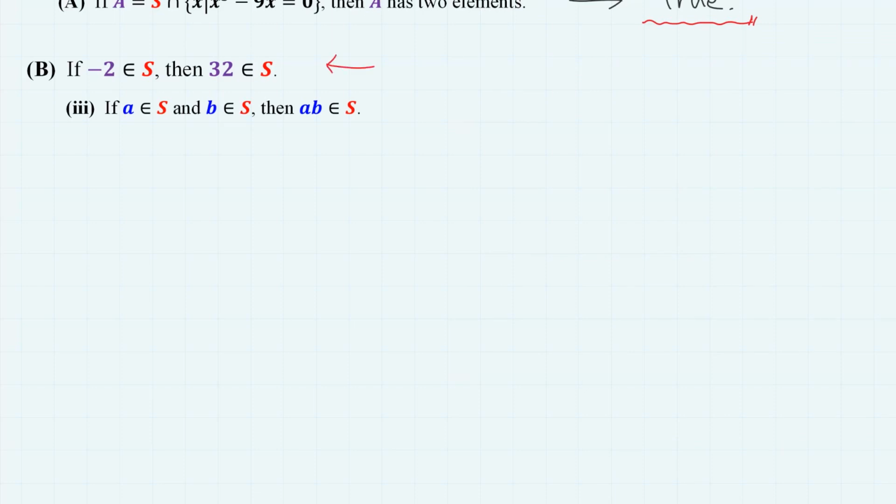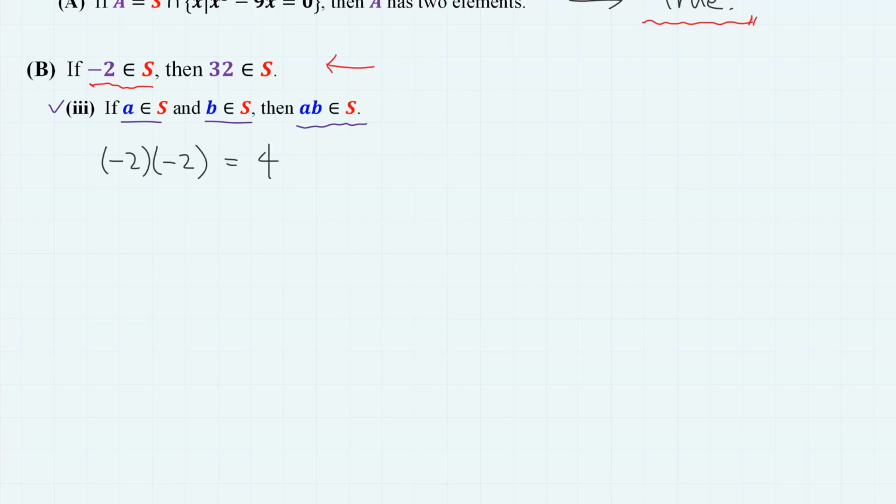Next, choice B. Here we take a look at the third condition. If A belongs to S and B belongs to S, then AB belongs to S. We are only given that negative 2 belongs to S, so we apply condition 3 by multiplying negative 2 with itself.